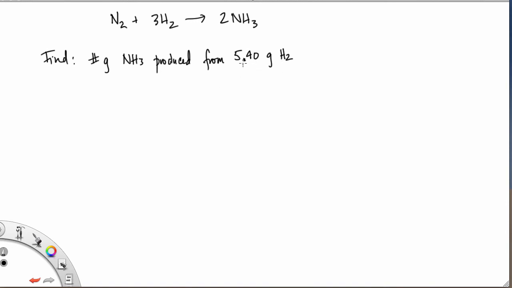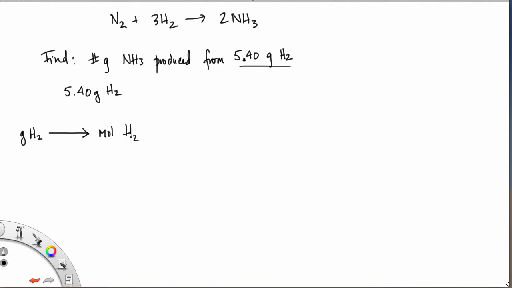So I'll start with my given quantity, 5.40 grams of hydrogen. Now I'm working in grams, so I'm starting with grams of hydrogen. Remember that moles are the center of the chemistry universe. So in order to solve any problem, I need to convert to moles of hydrogen. That's going to be my first step in the problem.